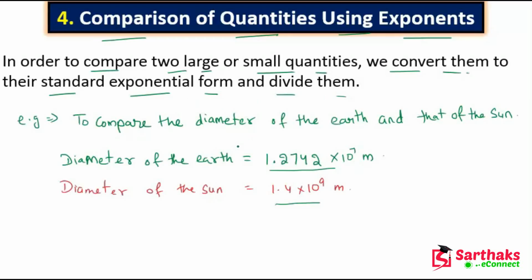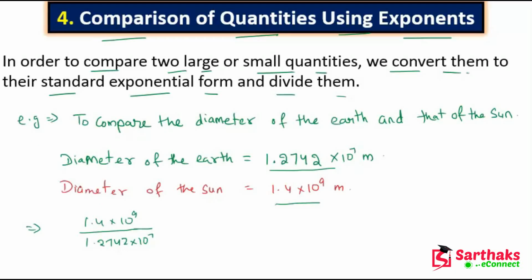For comparison, we can write the diameter of the sun, which is 1.4 into 10 raised to power 9 meter and is bigger than the diameter of the earth, divided by 1.2742 into 10 raised to power 7.